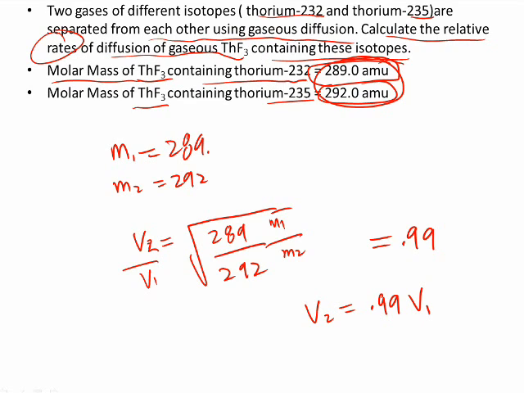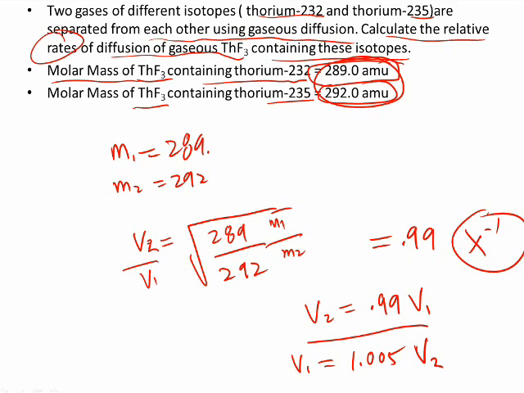Now if we did the inverse, which is x to the minus 1 on your calculator, we could say V1 will equal 1.005 times the speed of V2, meaning V1, the smaller gas with the isotope 232, goes 1.005 times the speed, or faster than V2.